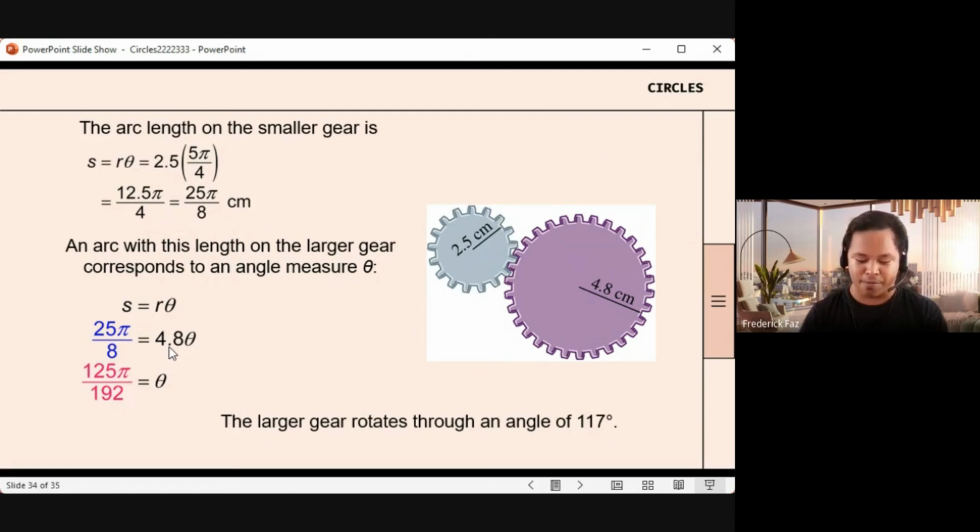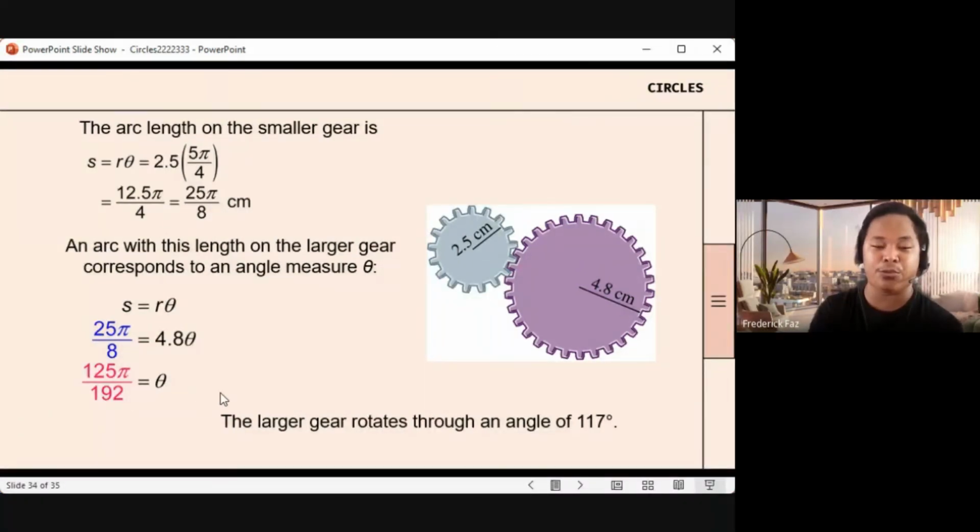Pag 24 over 5, siya ay 4.8. So, magiging 24 over 5 po ito. Cross multiply tayo. Pag 24 over 5, 5 times 25 is 125, and 8 times 24 is 192. So, we have the equivalent value of this theta in radian measure is 125 pi over 192.